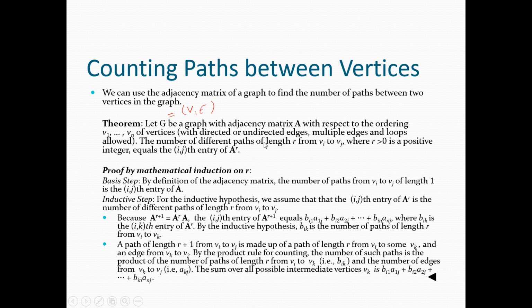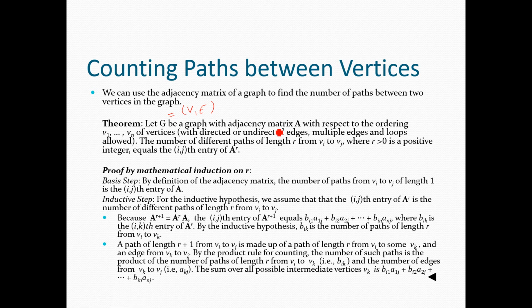So the number of different paths of length r from Vi to Vj, where r is a positive integer greater than 0, equals the ijth entry of A^r.